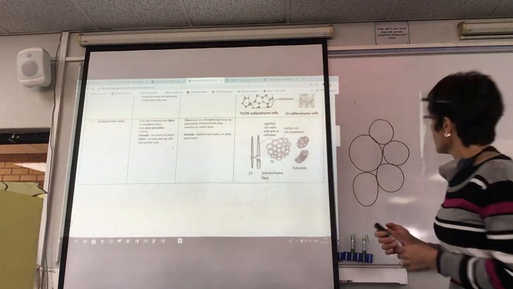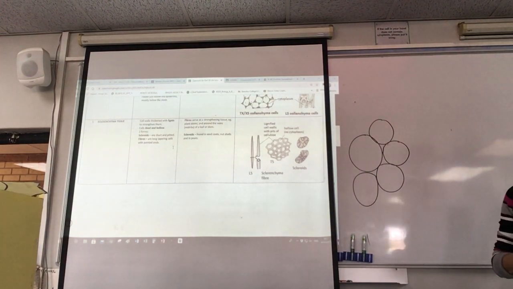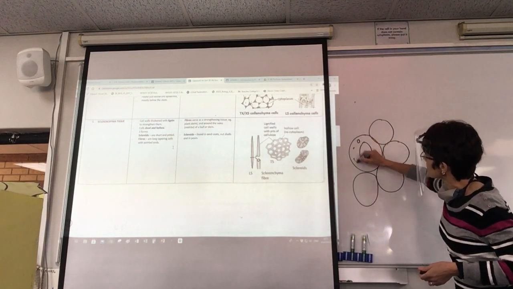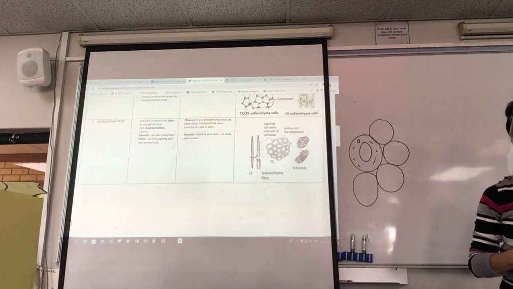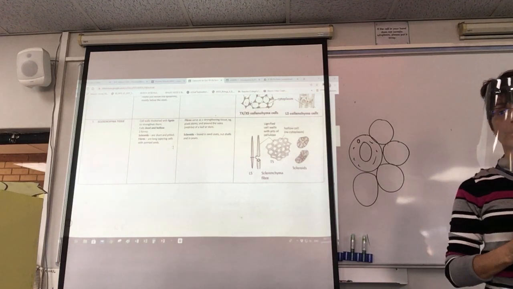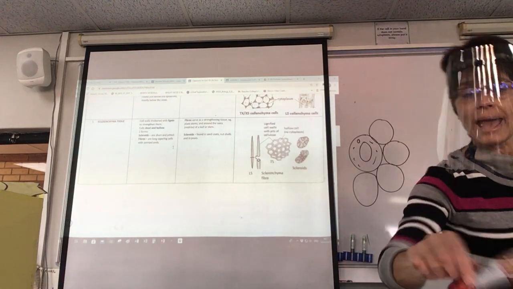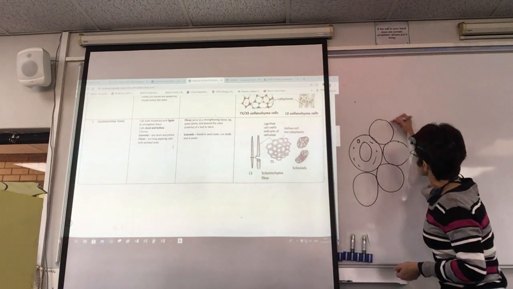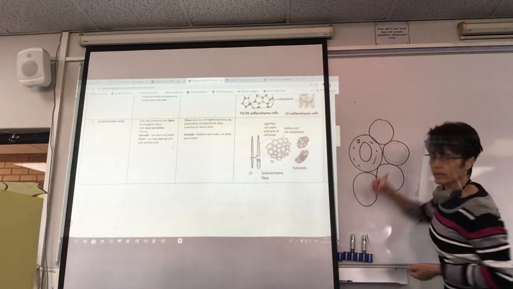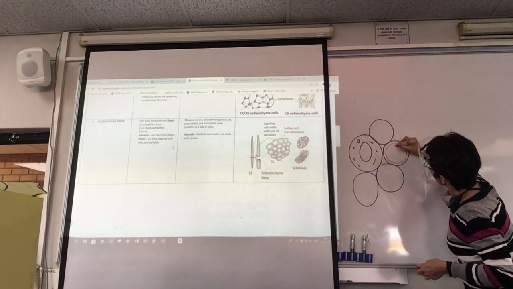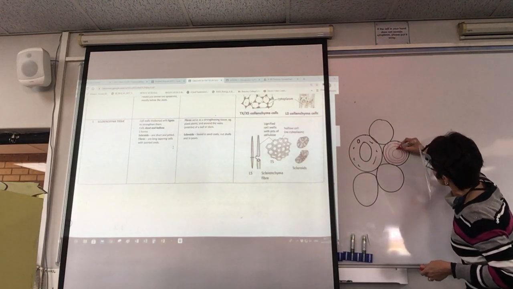All right. So the parenchyma cells, remember, have a vacuole, nucleus and cytoplasm. What gets added to the cell wall to make them sclerenchyma? Lignin. And it gets added in layers. As the cell wall thickens, it forms layers as it grows inwards.